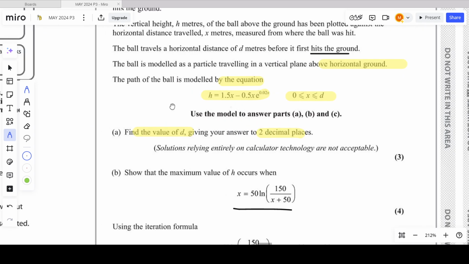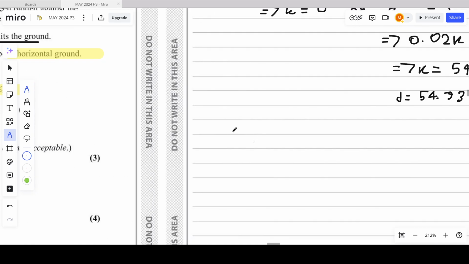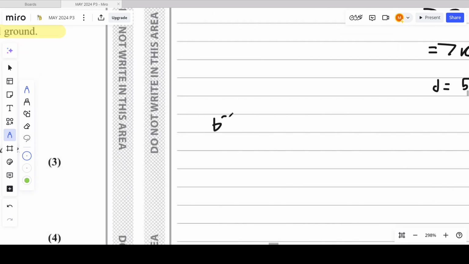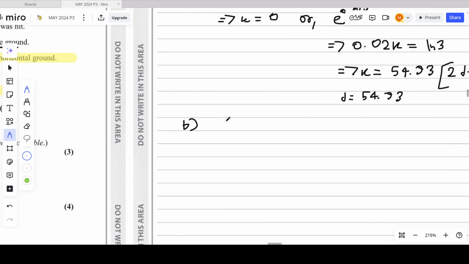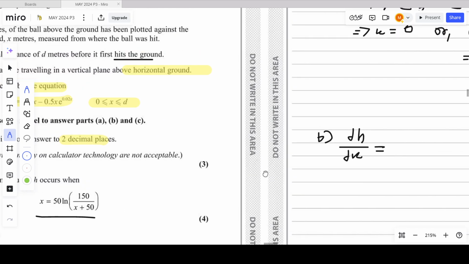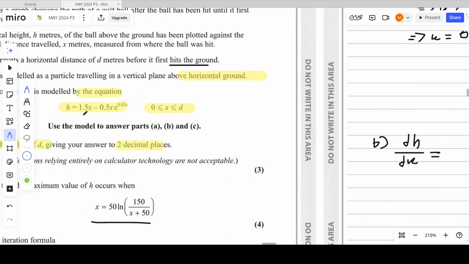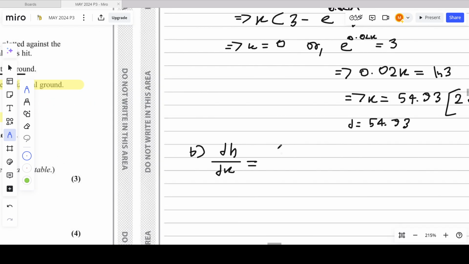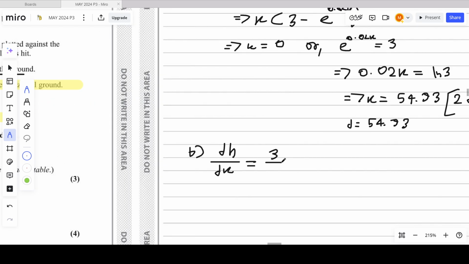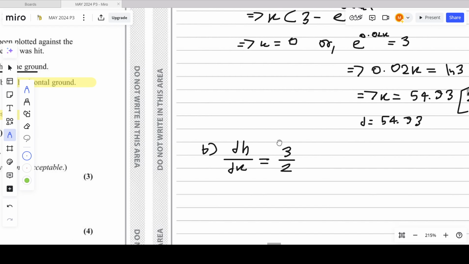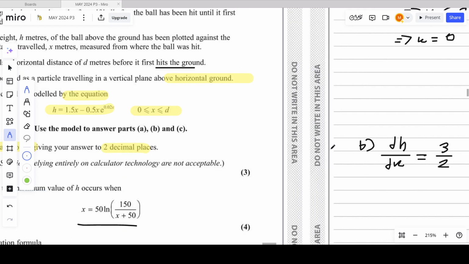So that means we need to differentiate h. So dh over dx would be: the derivative of 1.5x is just 1.5. Then the next term is x e to the power 0.02x.